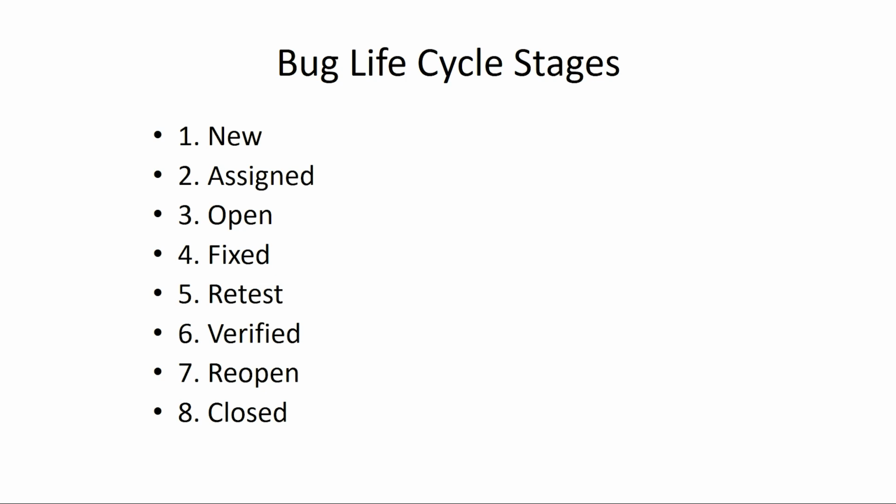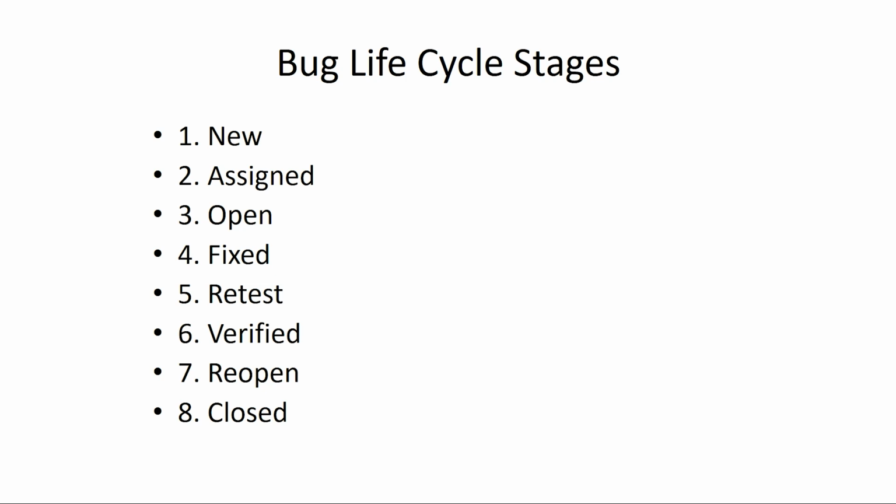You need to check again to confirm whether it is fixed or not. If this issue is not fixed, you need to reopen this bug. But if the bug is fixed, you need to close it. If everything is working fine, the bug is marked as closed.